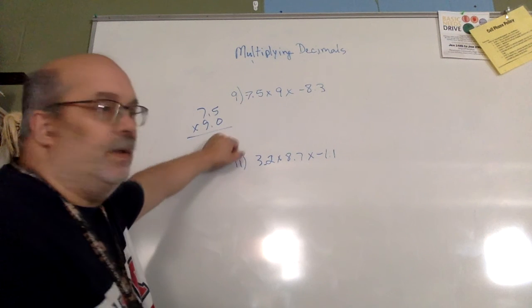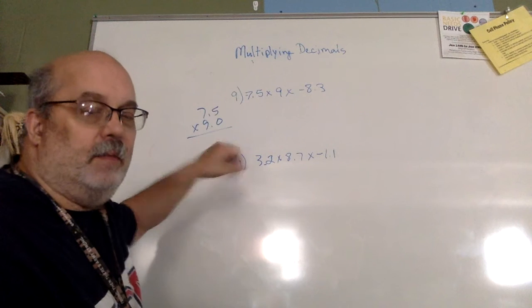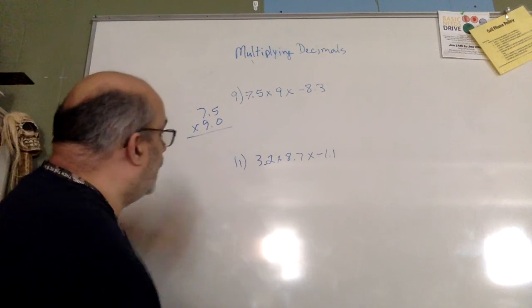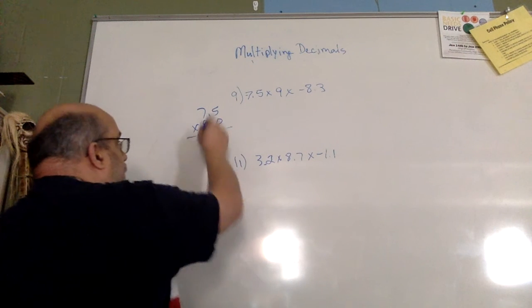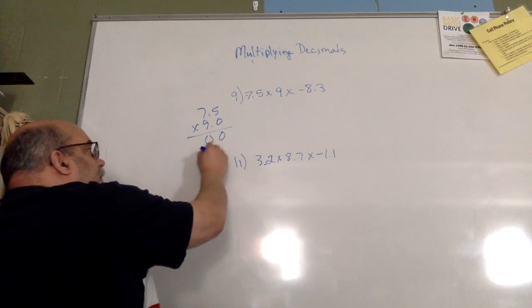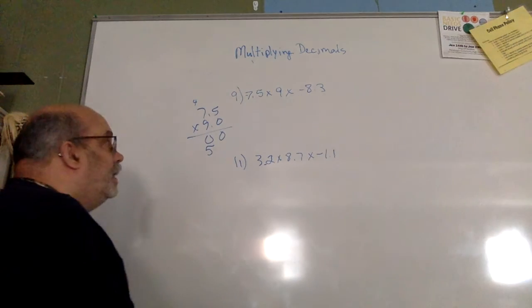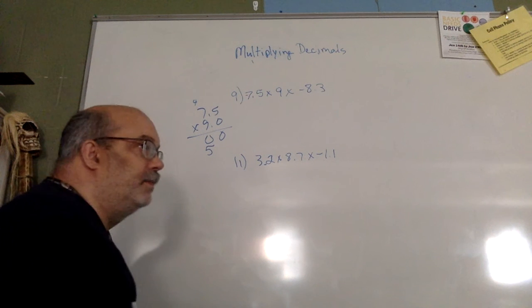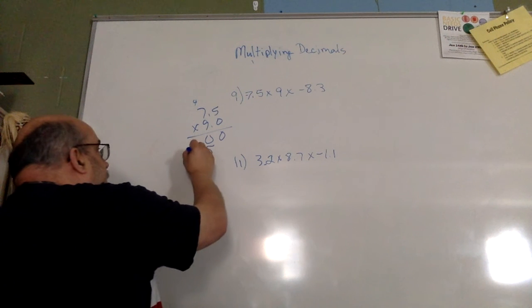Okay, I added a 0.0 just to even it out, make it easier. 0 times 5 is 0. 0 times 7 is 0. 9 times 5 is 45, carry the 4. 9 times 7 is 63, plus 4 is 67.